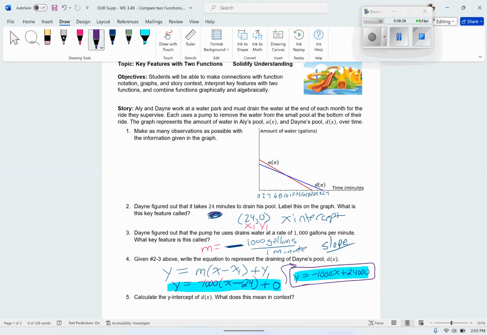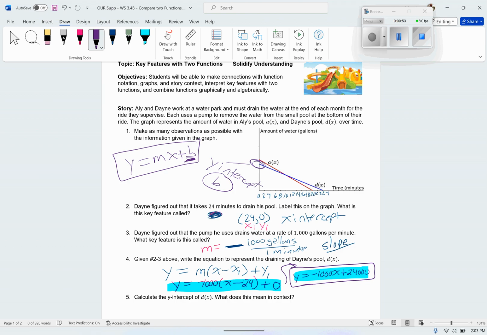It says calculate the y-intercept of D at x. That's Dane's pool. So what we want to do is figure out what this value is right here. That's the y-intercept, which is also called b, right? And we have to remember y equals mx plus b. That's the y-intercept.